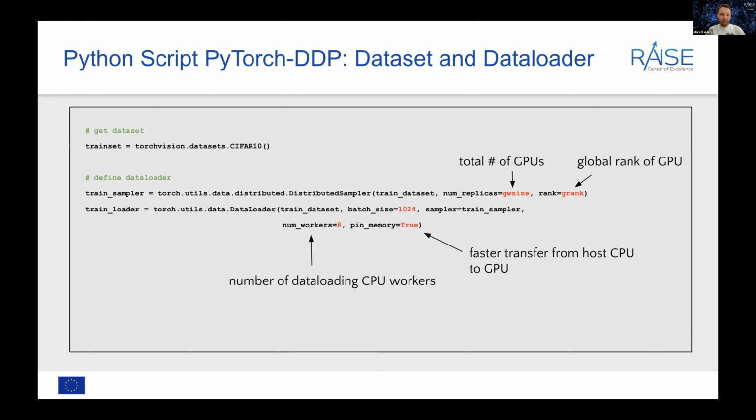But we have found that picking roughly a value of 8 on the Eureka machine seems like a good choice. And then you can also set the pin memory to true, which will reserve some memory on the host CPU for transferring data to the GPUs. And this in general helps you to accelerate this transfer process.